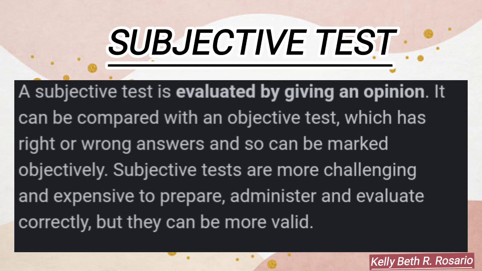Subjective tests are more challenging and expensive to prepare, administer, and evaluate correctly, but they can be more valid. The answer in the subjective test comes from the student's thoughts, opinion, and understanding of the lessons. In subjective tests, they don't have particular answers.